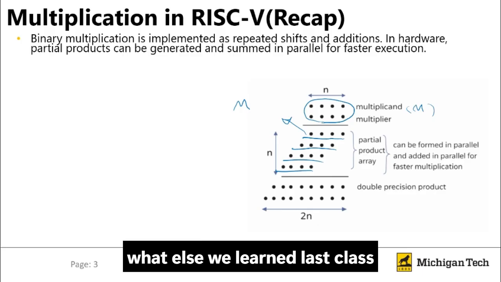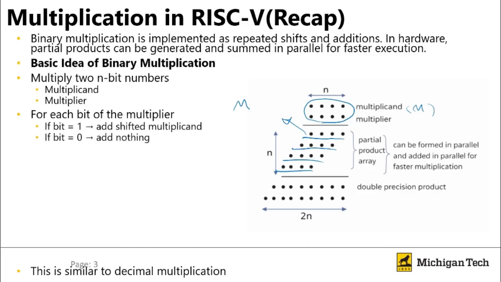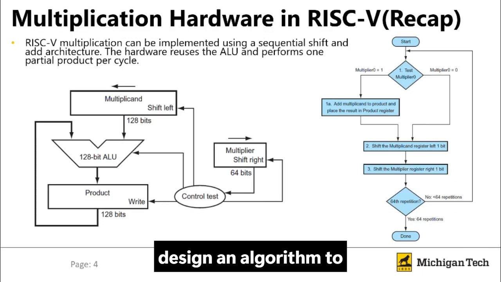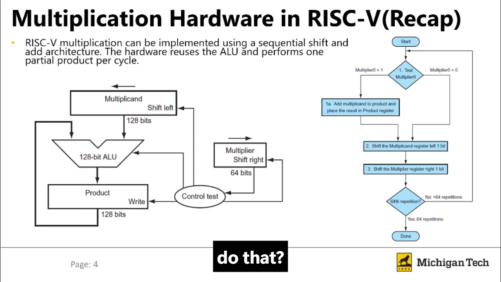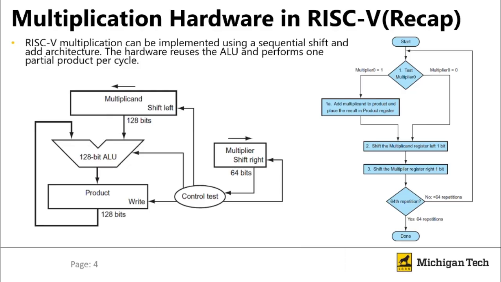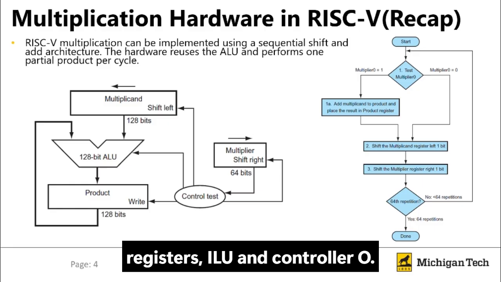So what else did we learn last class? We also learned how we can design an algorithm to do that binary multiplication using modules like registers, ALU, and a controller.